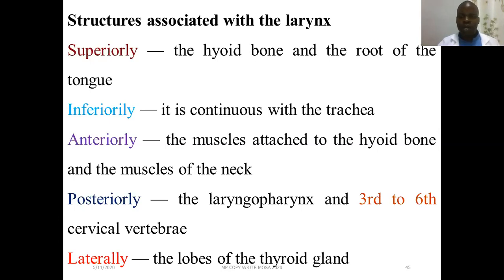Posteriorly, on the back, the laryngopharynx and the third to sixth cervical vertebrae. These are the structures that are associated with the larynx. Then laterally, the sideways, the lobes of the thyroid gland are the structures lateral to the larynx.